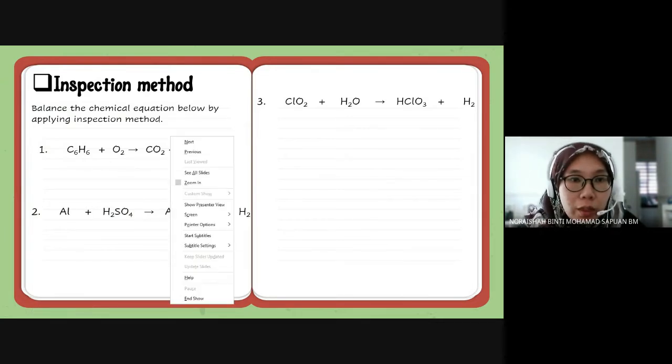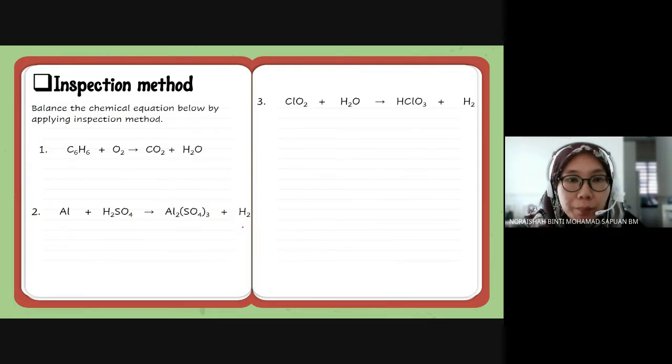So we look at the first example. C6H6 plus oxygen to form carbon dioxide and water. So at the left side, if you can see, we have 6 carbon, and then at the right side you have 1 carbon.